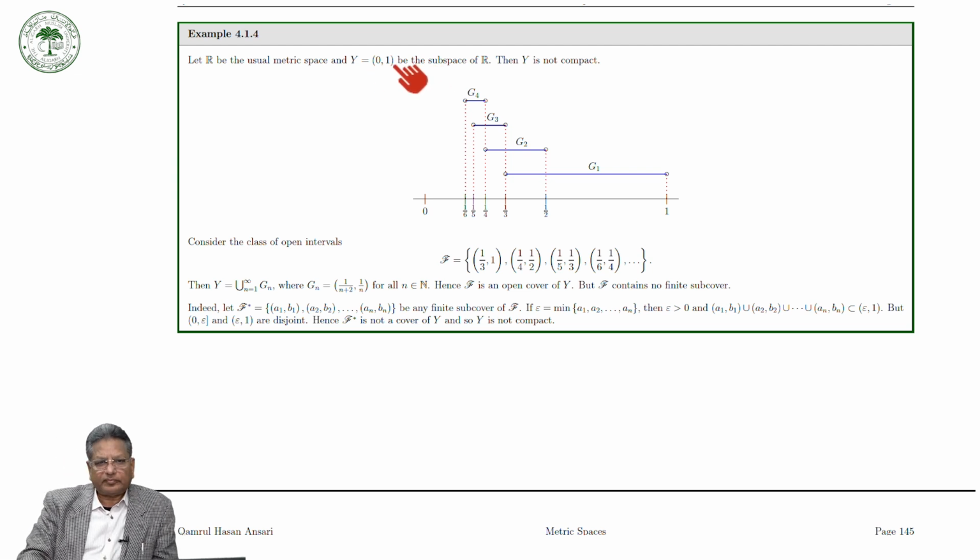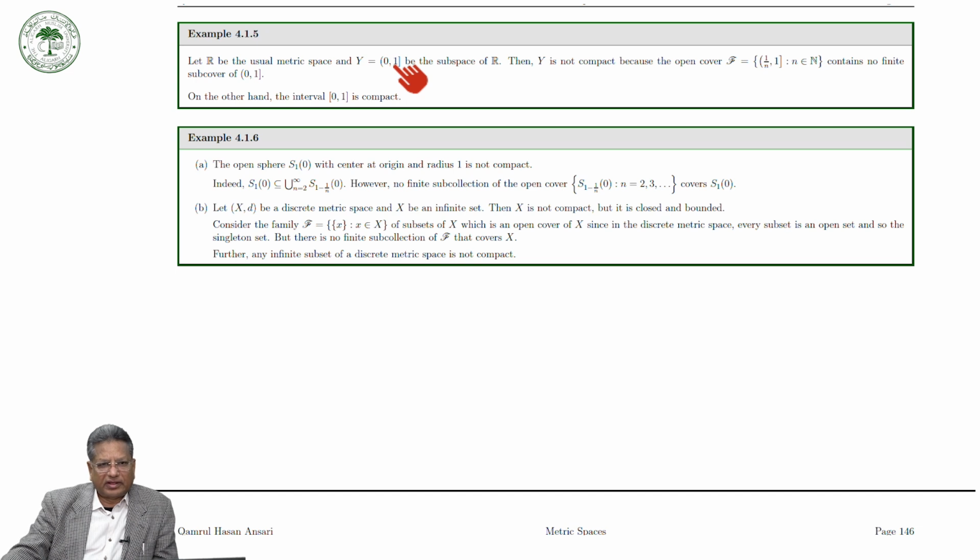However, we can also take Y equal to the half-open interval (0, 1] in the usual metric space R. Then again Y is not compact, because the open cover F, which consists of the open intervals (1 over m, 1], contains no finite subcover of this space.